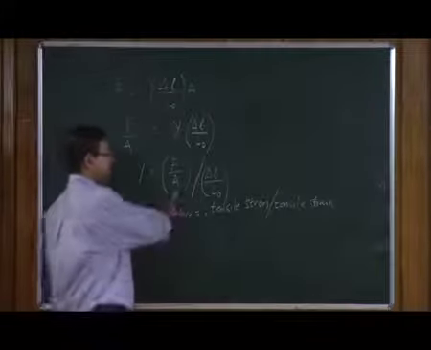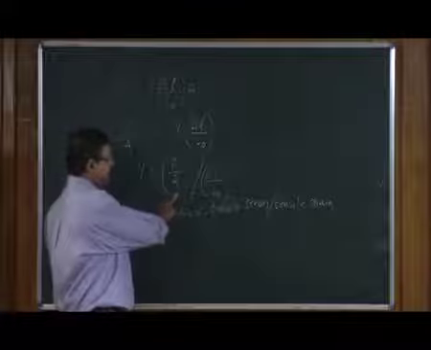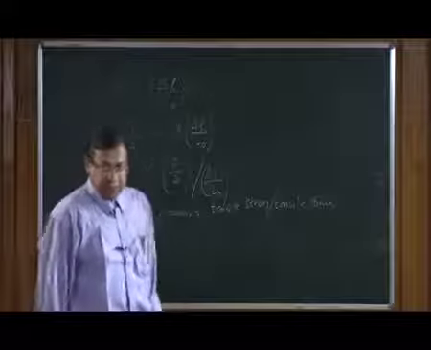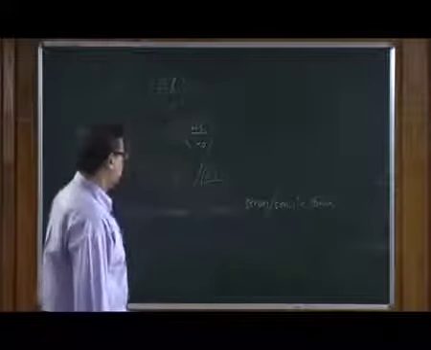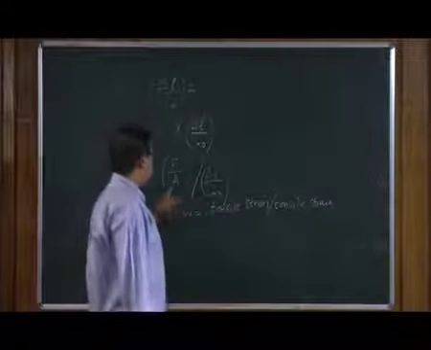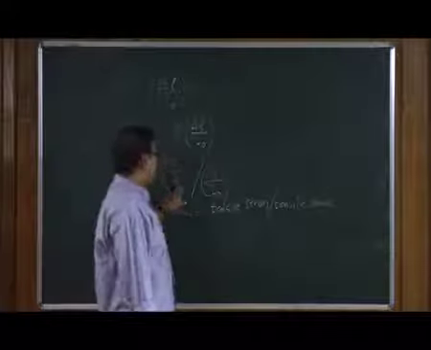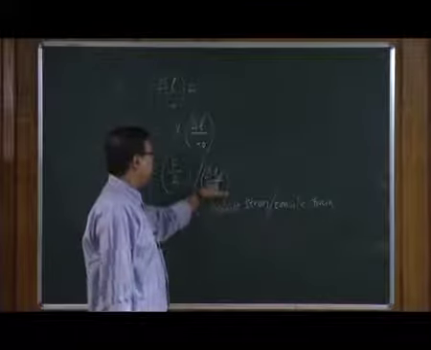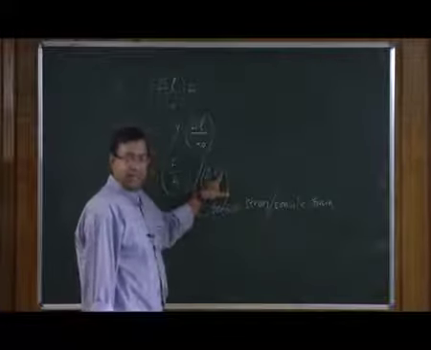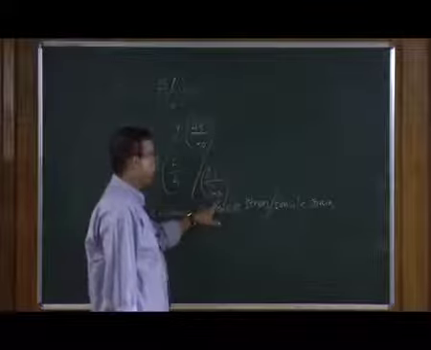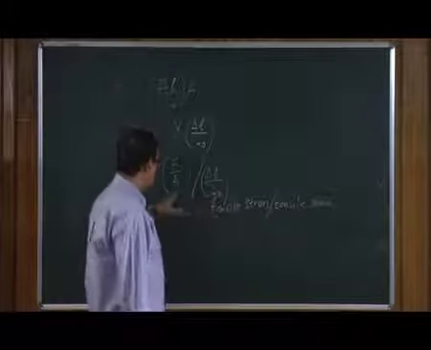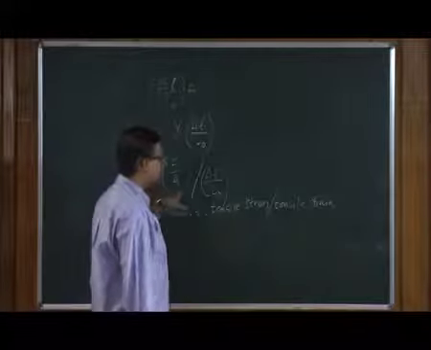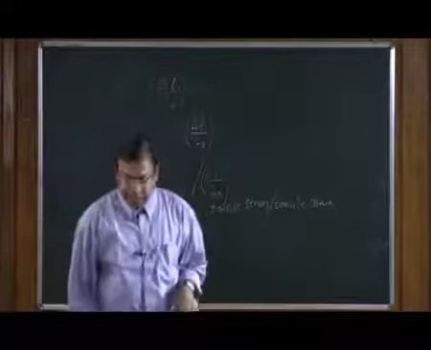So, the tensile stress is defined as the force per unit area that is given to the rod of cross sectional area A, and delta L by L0 is the fractional change in length that has occurred because of this tensile stress being given, and Y simply appears as the ratio of the tensile stress and tensile strain.